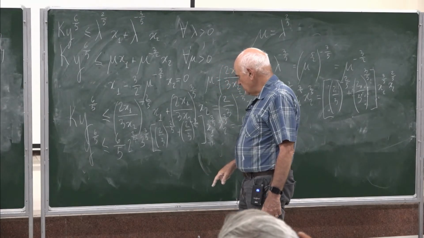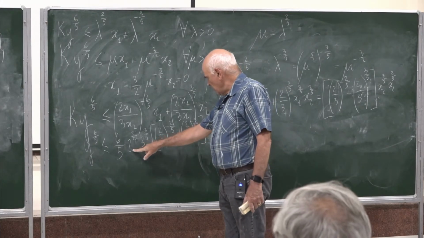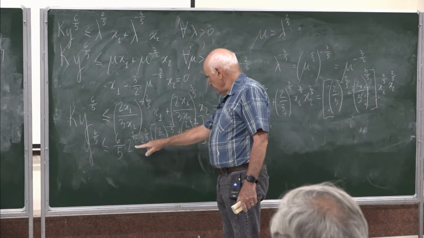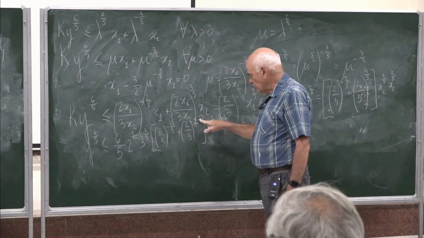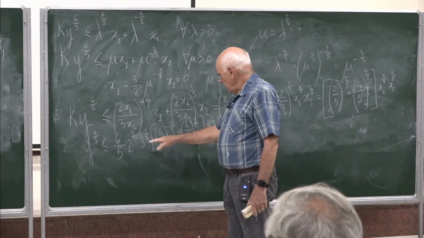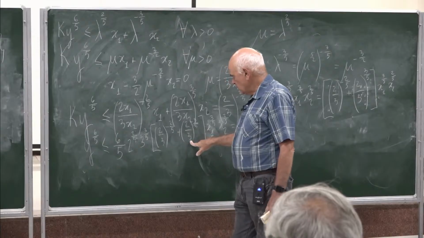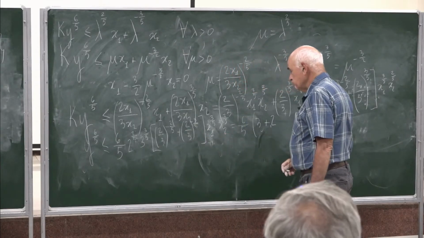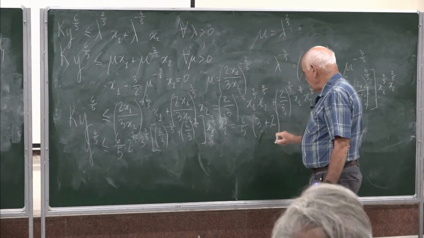Is it correct? Yes. I mean, 2 to the power 2 over 5 multiplied with this power of 2 gives 2. And this power of 3 cancels out. So it's wonderful.